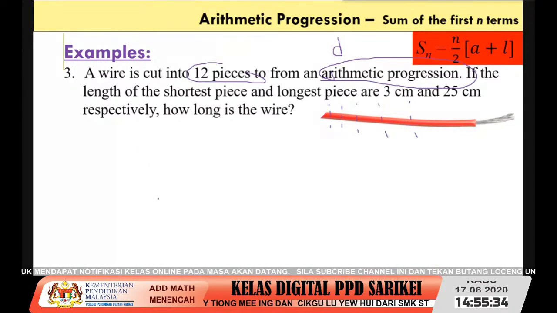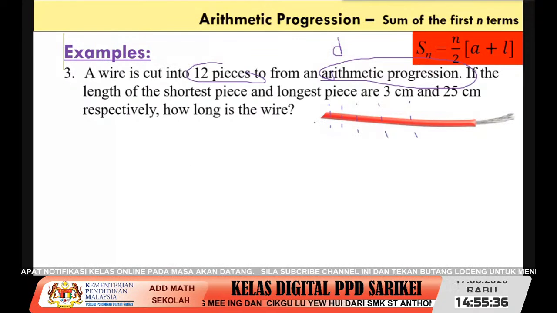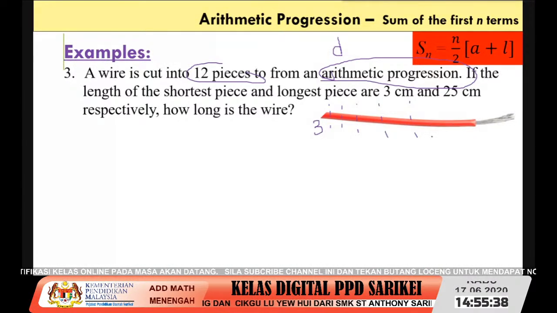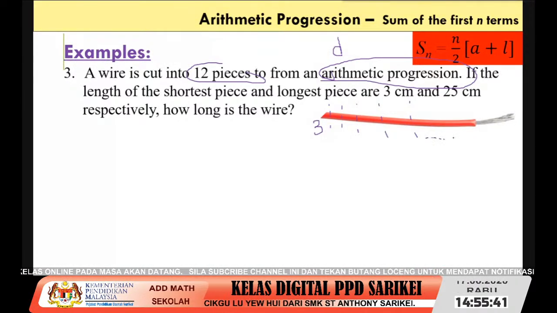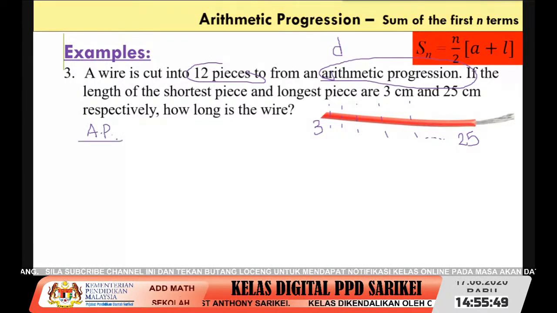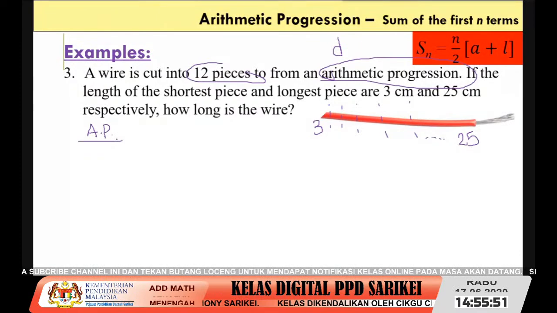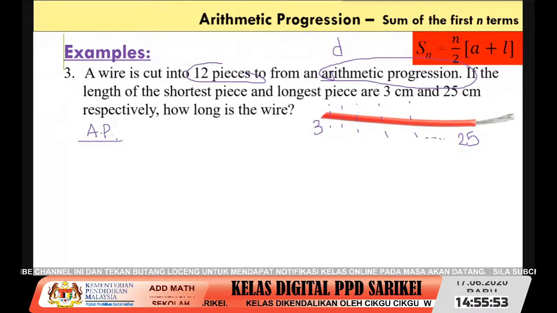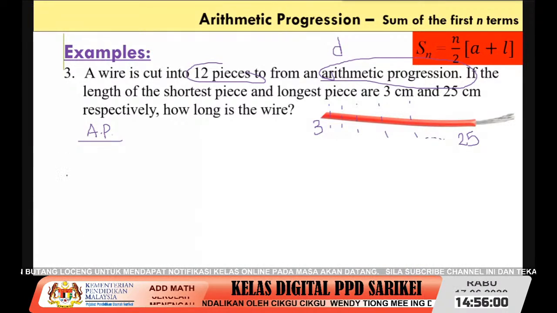Okay, cikgu akan terangkan. Paling pendek 3, paling panjang, maybe here is 25. So I will say that this one is arithmetic progression. A equal to 3.